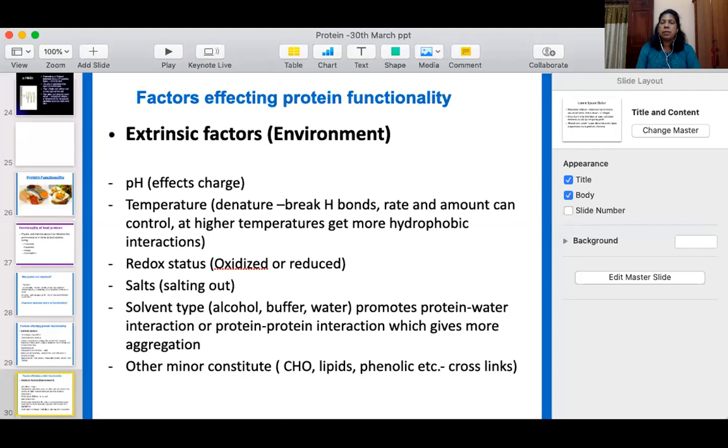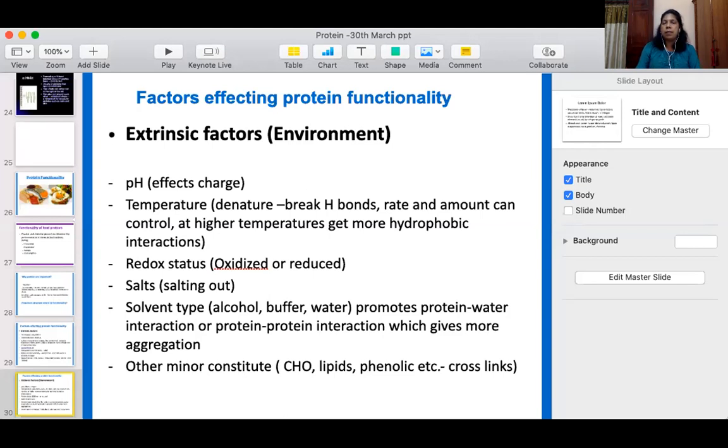Other minor constituents are carbohydrates, lipids, and phenolics, and they can make cross-links with the protein, because they may have sulfur bonds, hydrogen bonds, or different types of linkages. With phenolics, you know the OH group is there, and that OH easily donates to the other one.